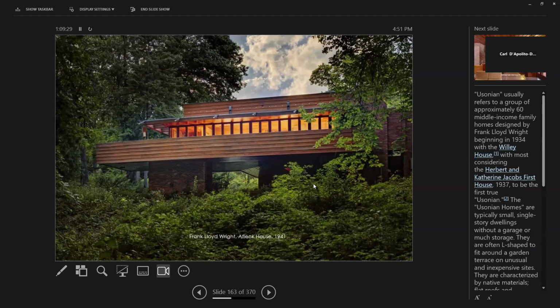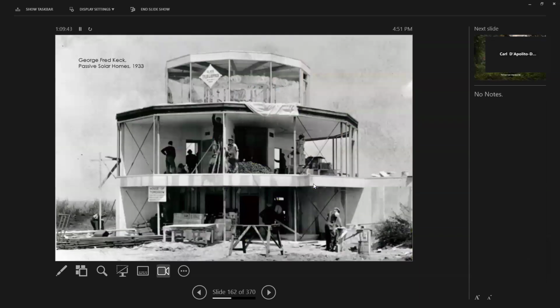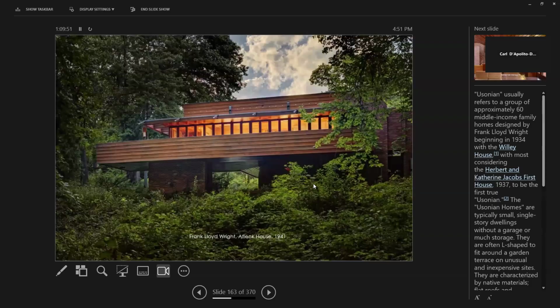In the 30s and 40s, there are some early types of passive house kind of things. Like this solar house is the first solar energy house in 1933. And also, Frank Lloyd Wright, interestingly, does figure here.